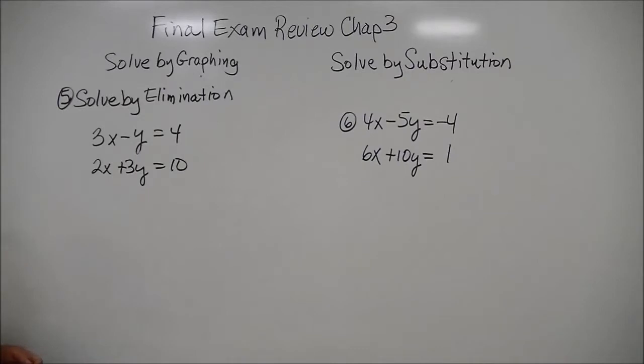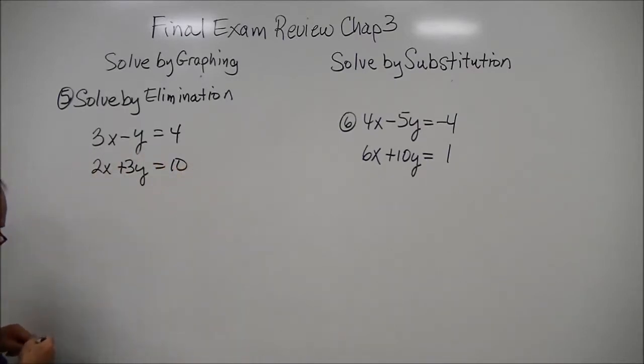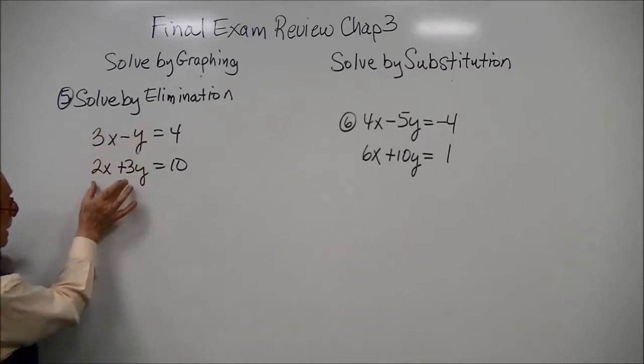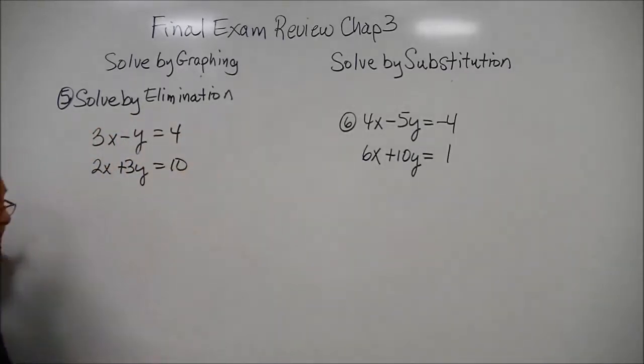So step 1 in setting it up for elimination is to have it in standard form. And as I mentioned in earlier lessons, here's where you use a little bit of artistic judgment, strategy. You want to do something to one of these equations so that one of these letters, when you add them up, will be eliminated.